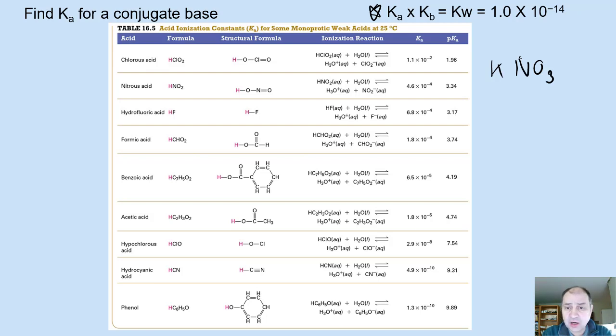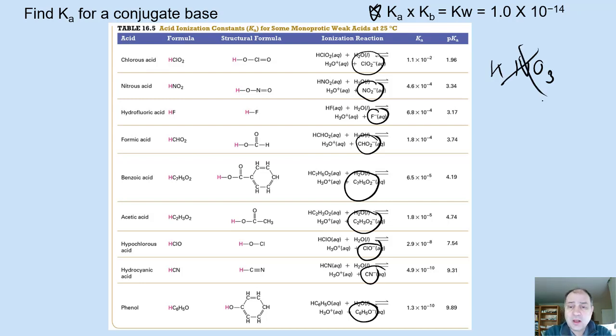You look at this chart and you try to find it. There's nitrite, that's different, fluoride, formate, benzoate, acetate, chlorate, cyanide, something phenolate, don't actually know, doesn't matter, it's not on there, so that's going to be pH neutral. But any of the other ones here, that's what you do.